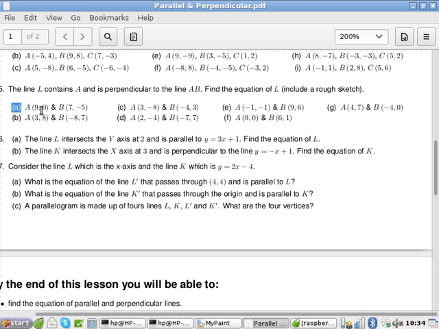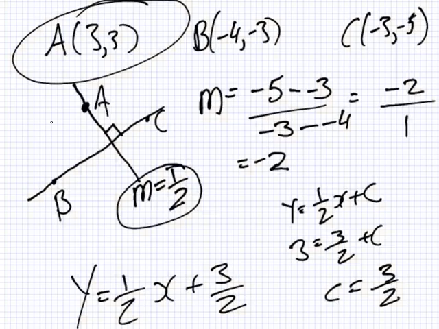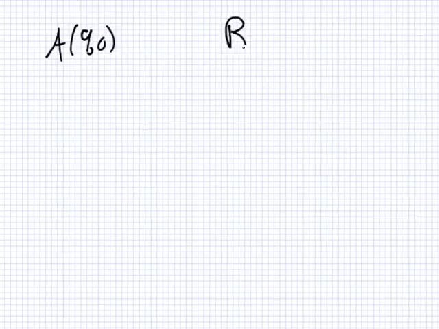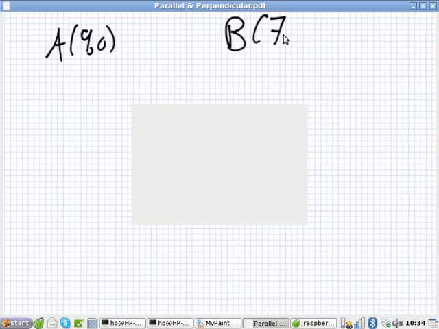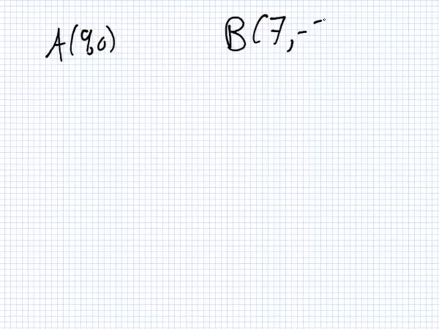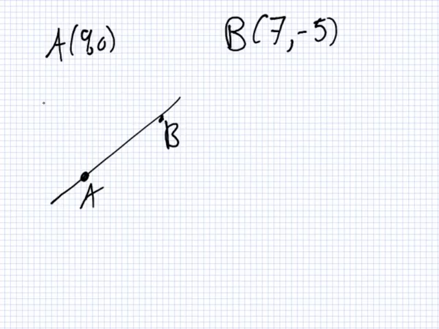Okay. Let's have a look at this one. A was 9, 0 and B 7, minus 5. So here's AB. And I wanted this line that goes through A, like this, and it's perpendicular.